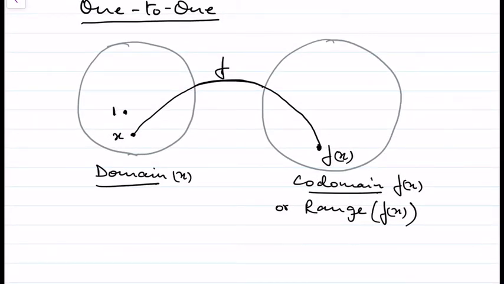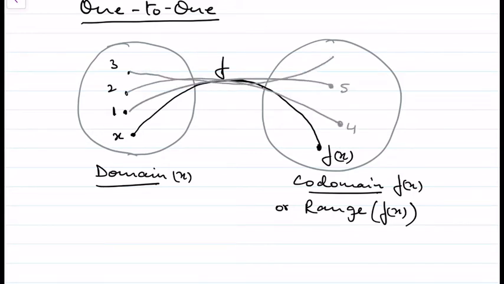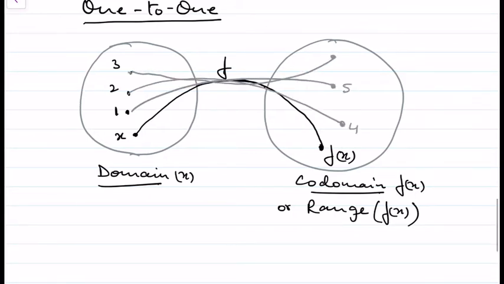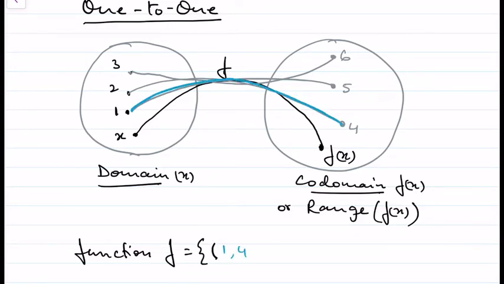Similarly, if we have these three inputs 1, 2, 3 and outputs 4, 5, 6, then the function f with pairs (1, 4), (2, 5) and (3, 6) is a 1-to-1 function.